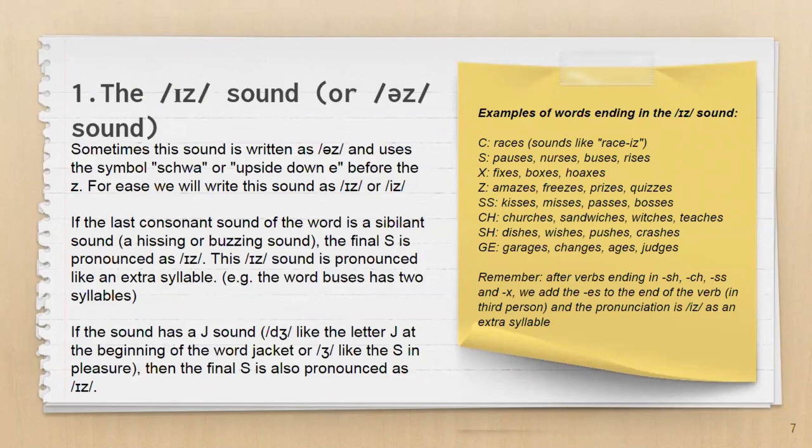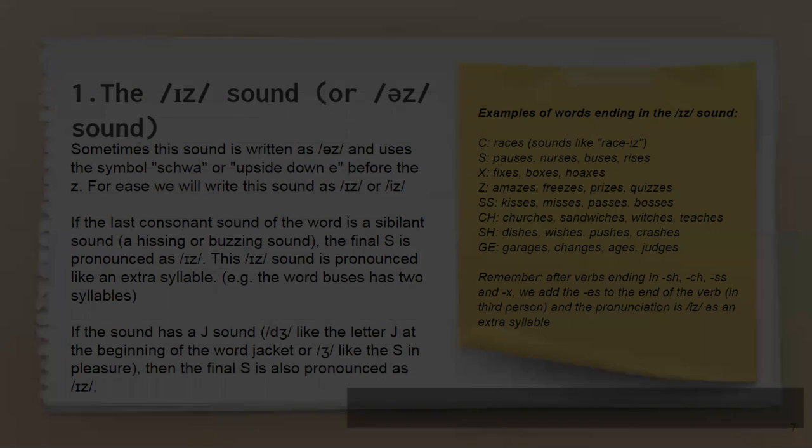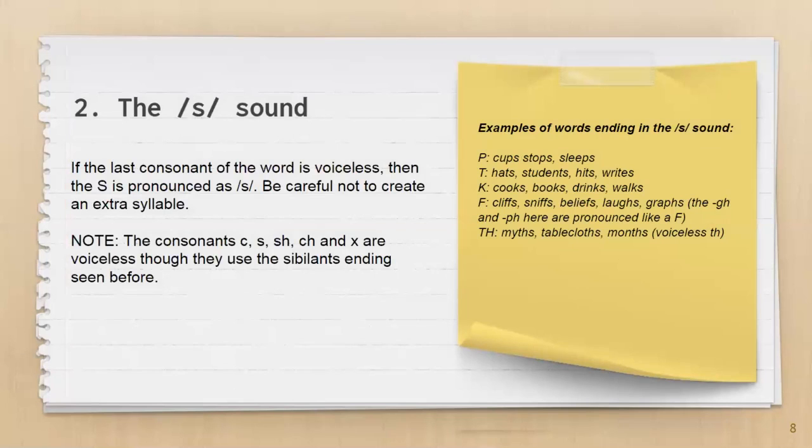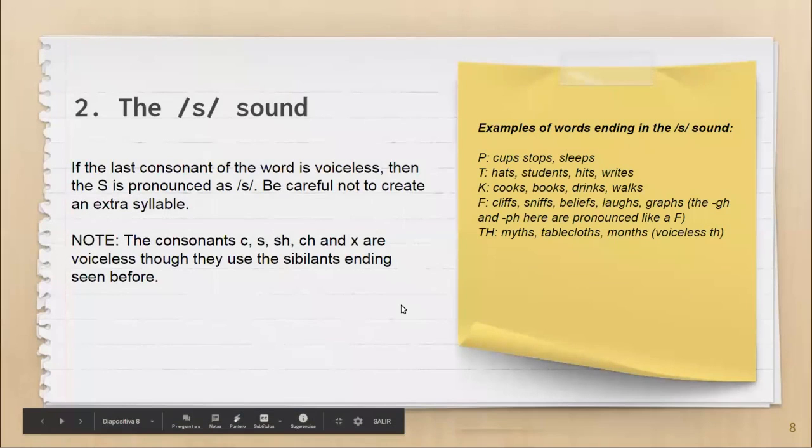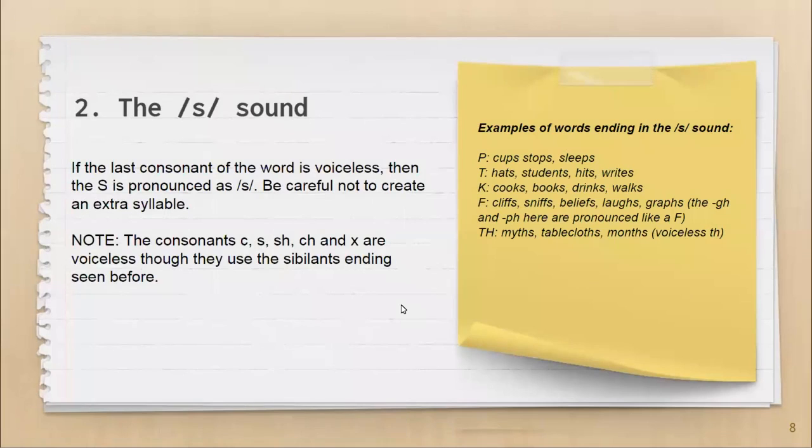Now, Mónica, take it away for the voiceless sounds. Pay attention to this, the S sound. If the last consonant of the word is voiceless, then the S is pronounced as S. Be careful not to create an extra syllable.